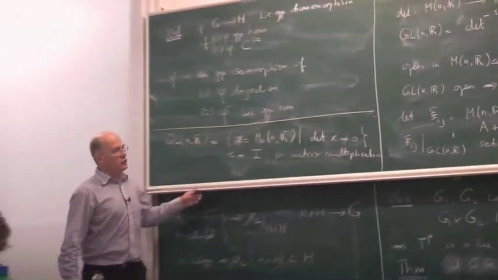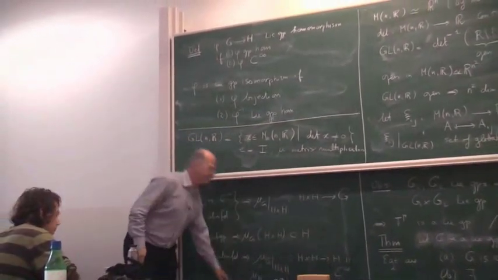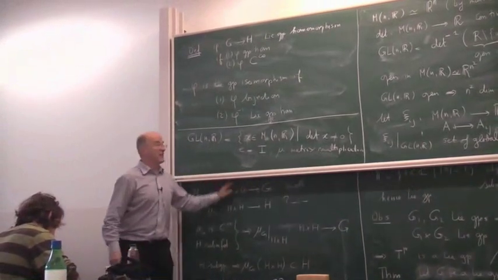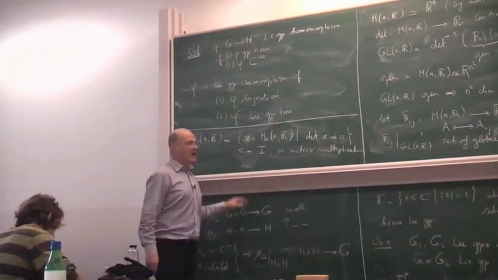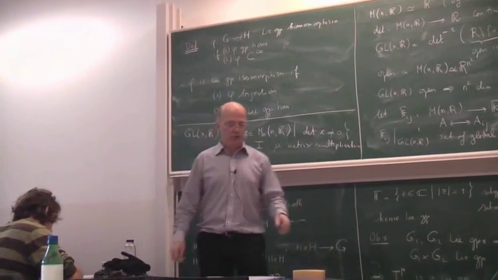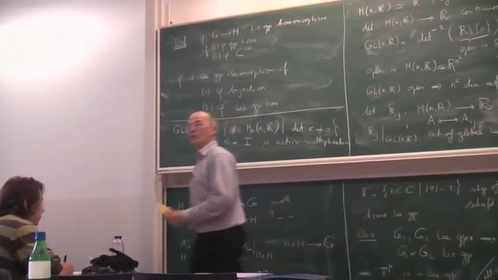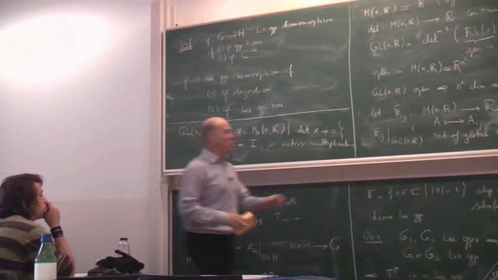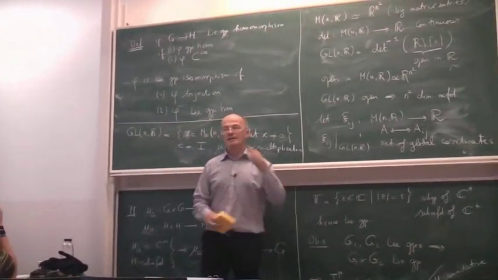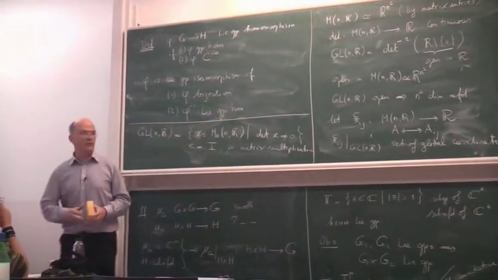So if we want to show that GL_n(R) is a Lie group, then what we should do is we should show that the multiplication map of matrices is smooth in terms of these coordinates, and that the same thing holds for the inversion map.